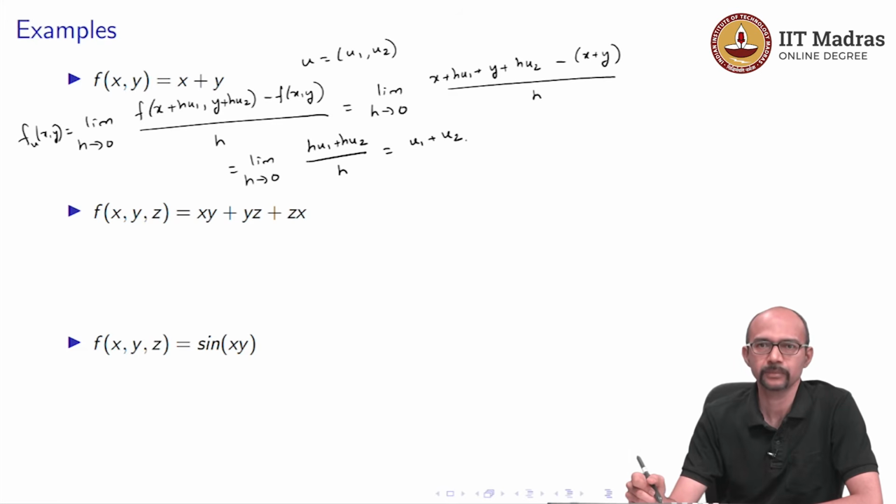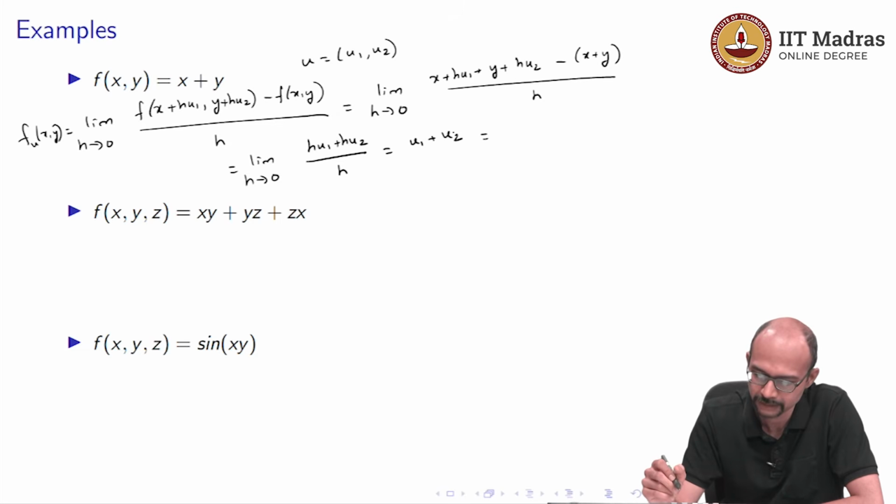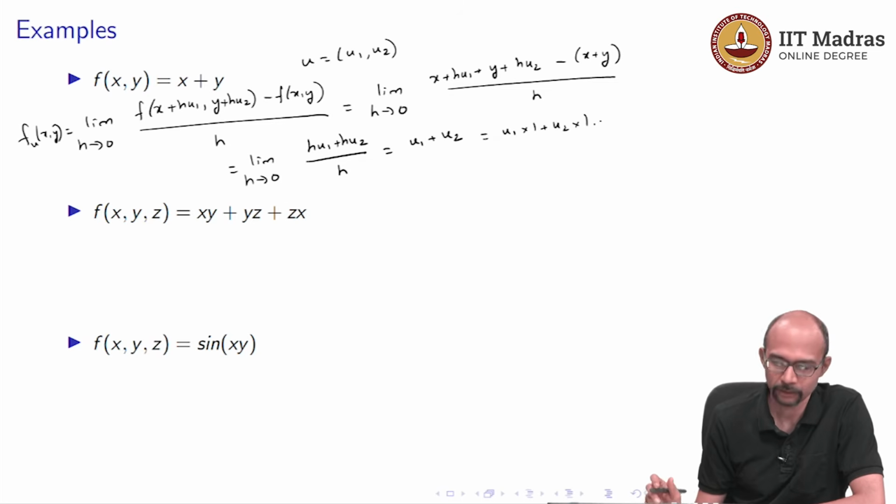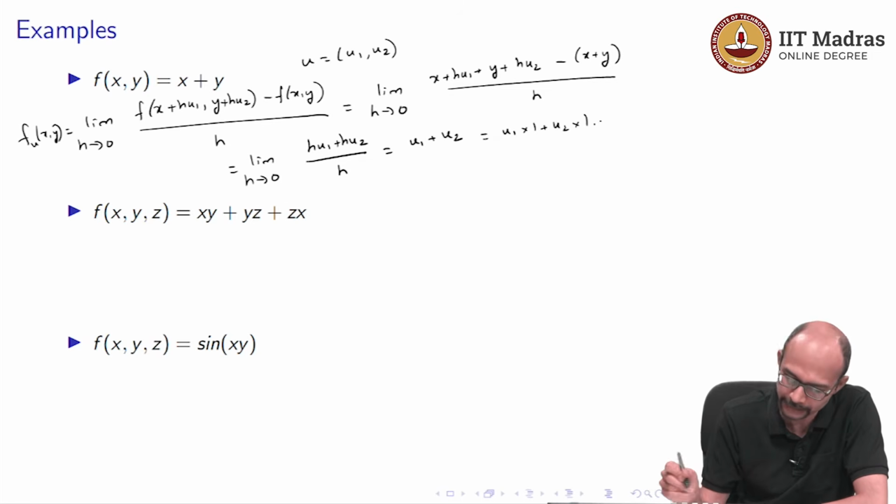And I will remind you that in the video on partial derivatives, we computed that the partial derivative of this function with respect to both x and y was 1 and 1 respectively, and I can write this as u1 times 1 plus u2 times 1. For some strange reason, I am going to do that. Okay. So, how about this?